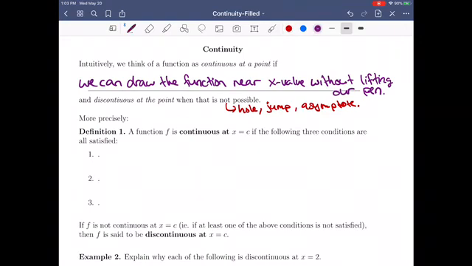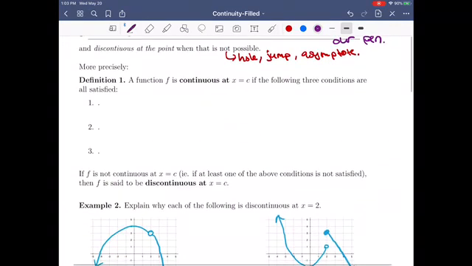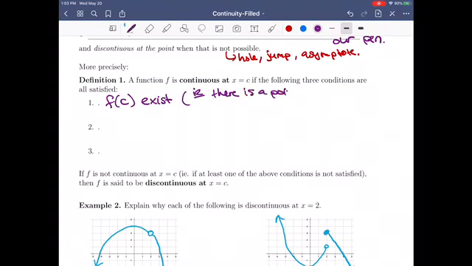More precisely, though, we say that a function f is continuous at x equals c if the following three things are satisfied. First of all, we need the y value, f of c, to exist. This guarantees that there is a point at x equals c. So the y value exists.